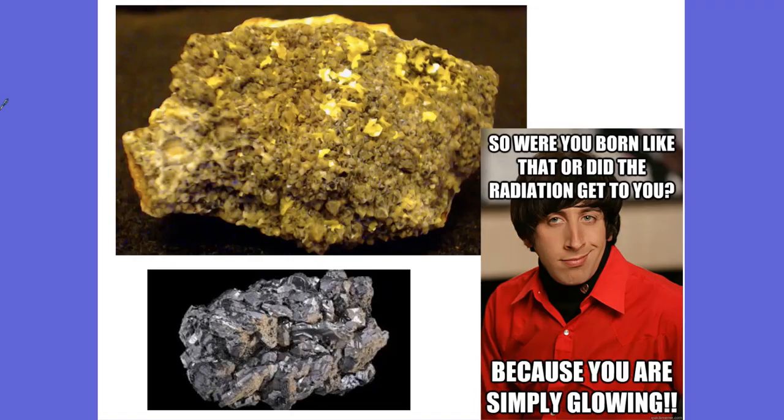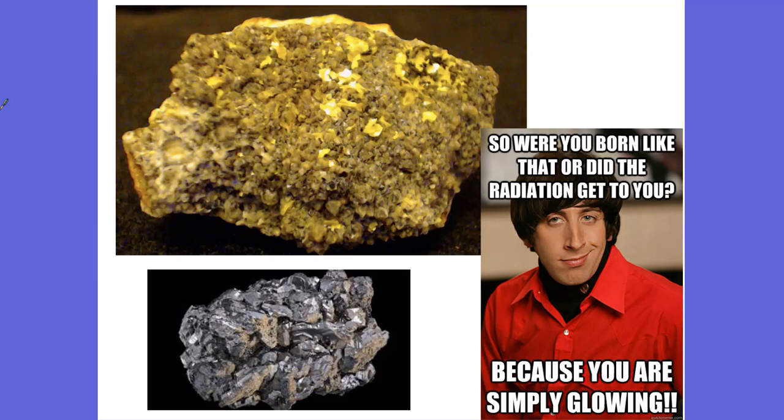And so the amazing thing is this: anything that's radioactive, element number 84, polonium, and everything past polonium, those elements on your periodic table will be radioactive, which means they will spontaneously decompose, they will spontaneously decay, they will break down. And here, in the top picture, we have uranium.